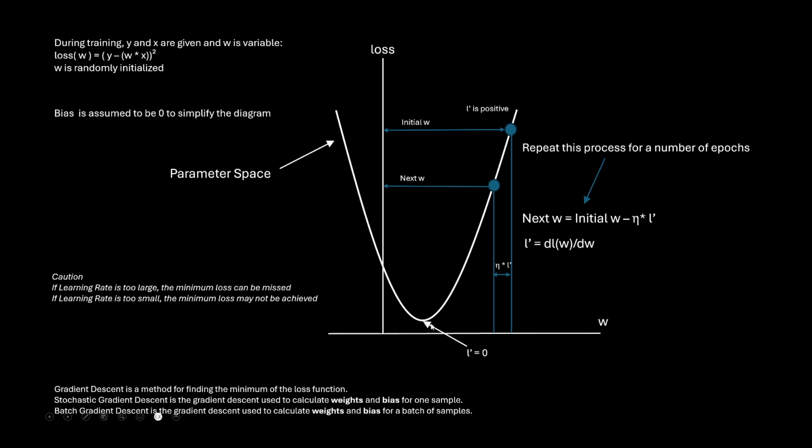Now, if we take one data point at a time, so let's just say we have 1,000 data points. Each data point has X and Y as coordinates.